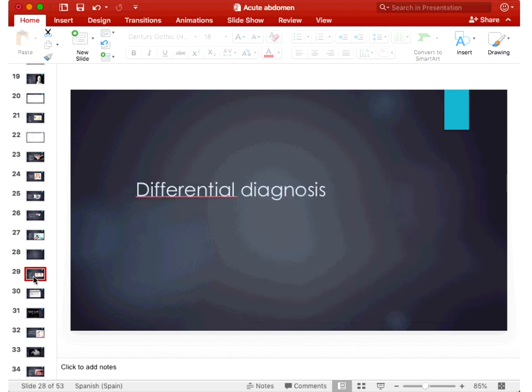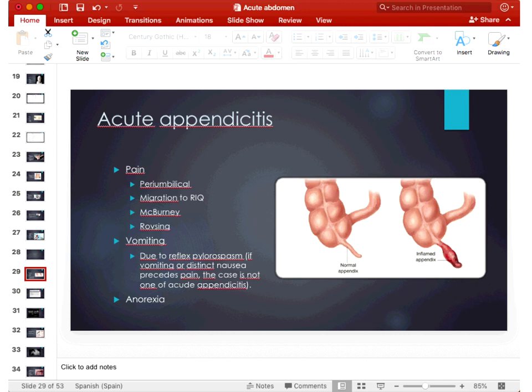Now, what kind of diagnosis may you have? You may have appendicitis. This typically presents with pain around the umbilical area, and then the pain migrates to the right lower quadrant, and then you will find any other sign.